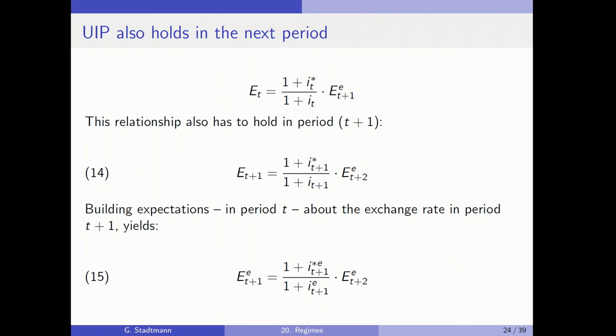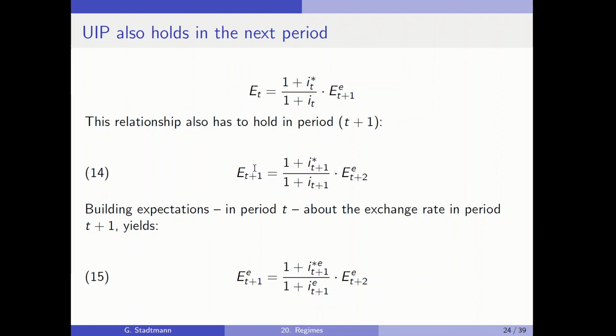Let's think about how the relationship of the UIP condition looks in 1 year from now. Of course, in 1 year from now, it is the then prevailing interest rate in the foreign economy and the prevailing interest rate in the domestic economy, as well as the expected exchange rate for the time period in 2 years, which affect the exchange rate in 1 year from now.